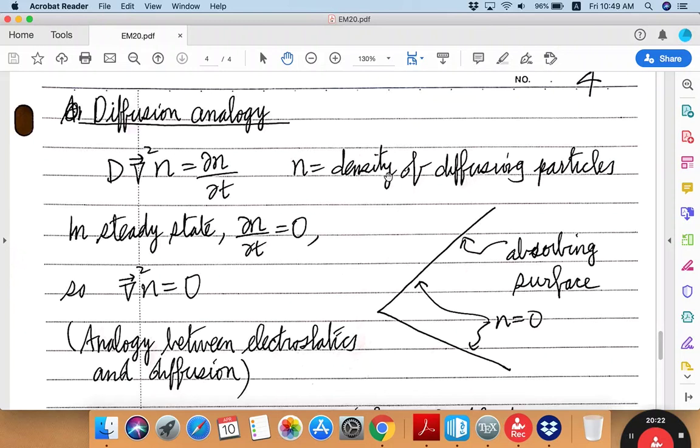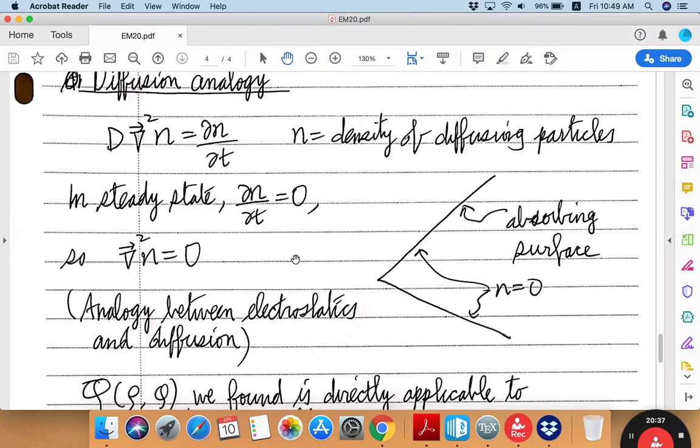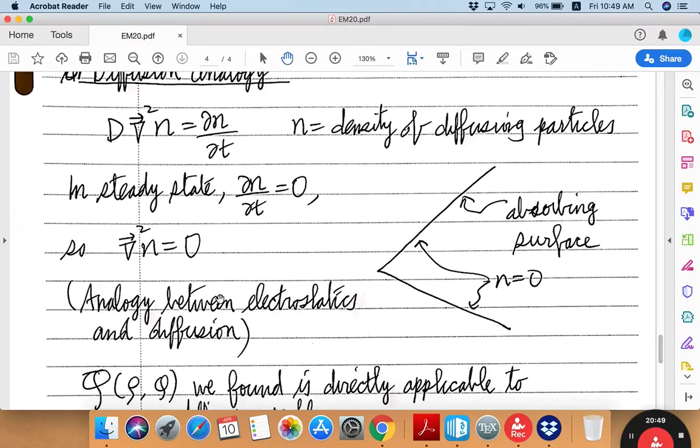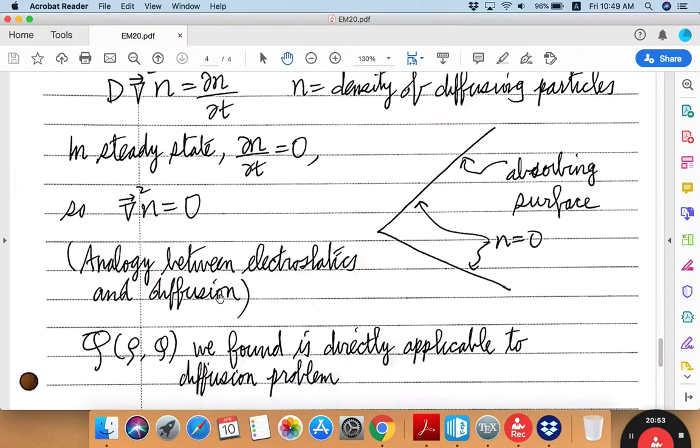However, once you have reached a steady state, by steady state I simply mean that there's no longer fluctuation of this density over time, so we can take this time derivative to be zero. Then, interestingly, the diffusion equation simply becomes a Laplace equation, and this is something we have been solving all this month, all these weeks.